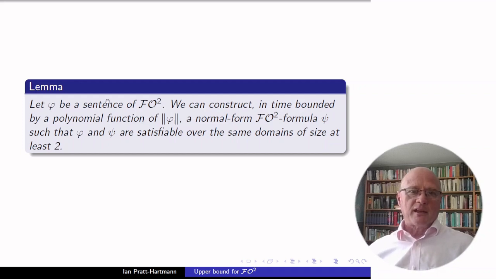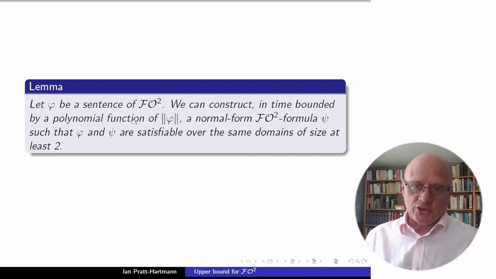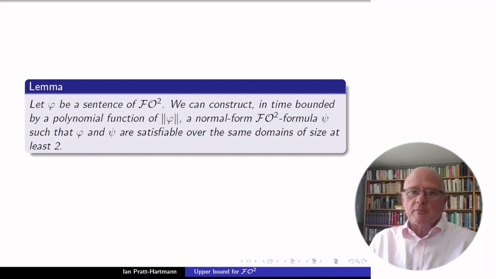Now, suppose we can prove this lemma, what that means is that when determining satisfiability in the two-variable fragment, we can confine attention to normal form formulas. Because if you give me any formula phi, I can use this lemma to produce a formula psi in normal form, which is satisfiable over exactly the same domains of size at least 2 as the original formula.